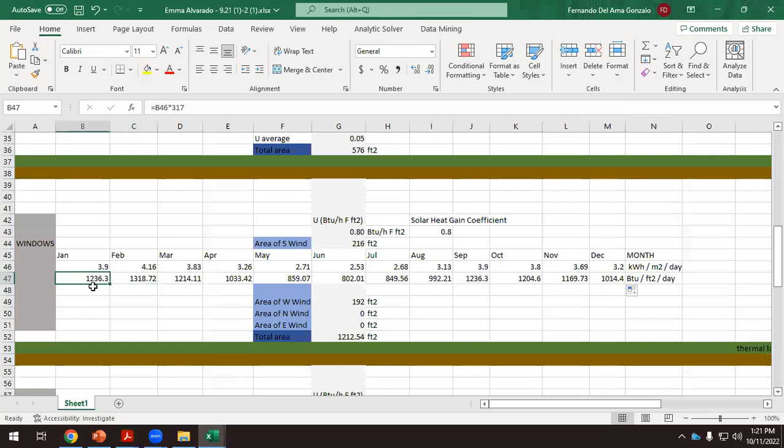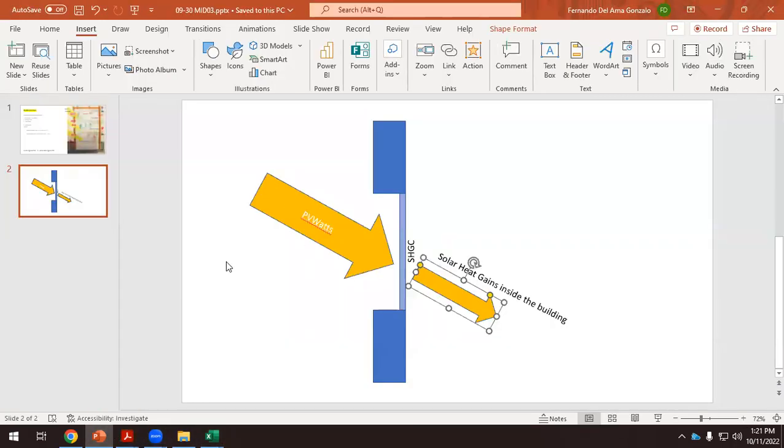Okay, so this value, 1236, is the value that I get in BTU per square feet. This is the solar radiation outdoors that gets to my glass here.